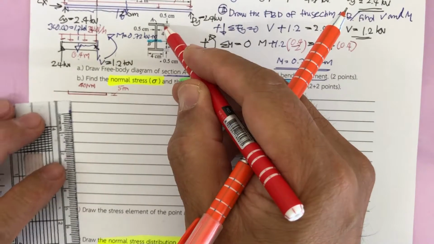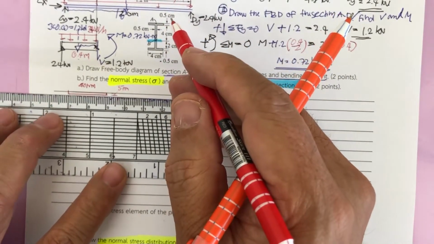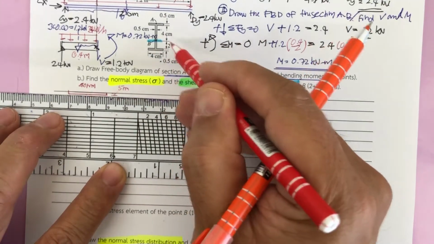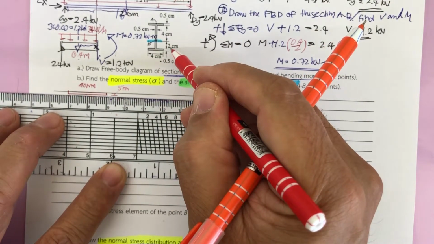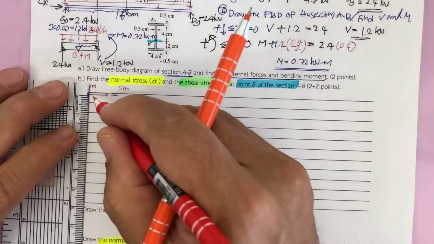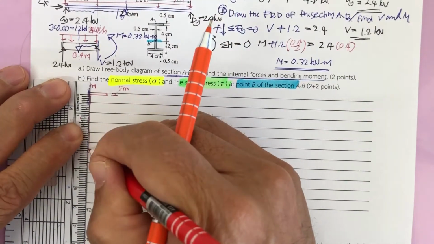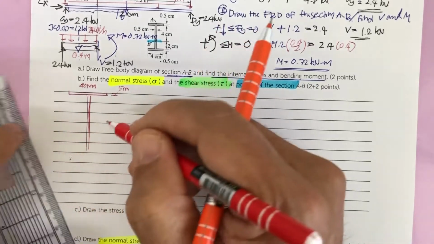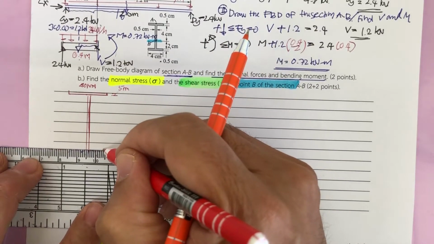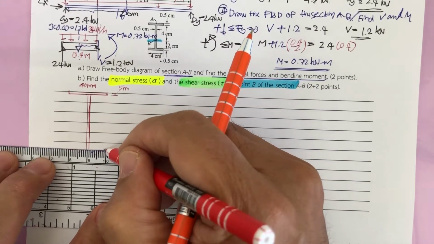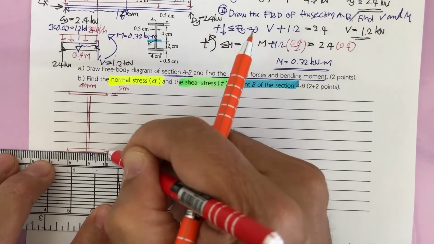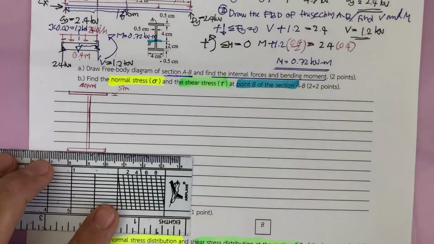And then it also has the web. The web is going to be 4 and 2, that is 6 centimeter. Half of that, let's put 3 centimeter like this. That is going to be the portion of the web. And then we may put this one as the bottom portion, this is the flange, the outer section.